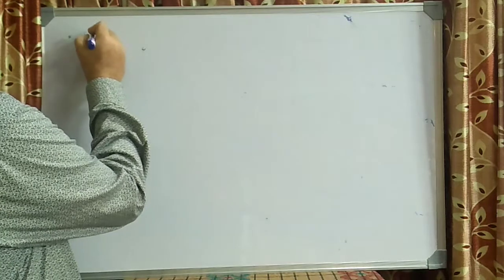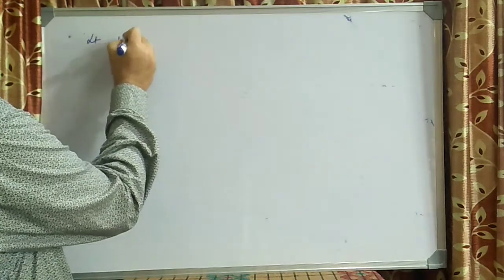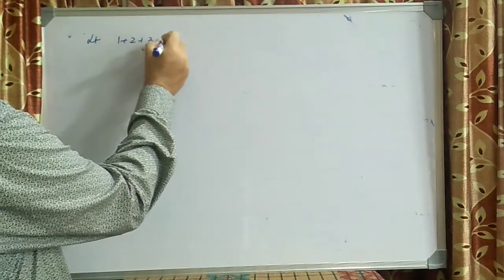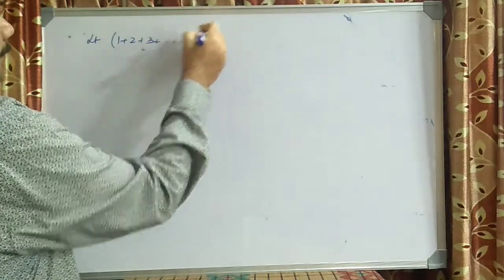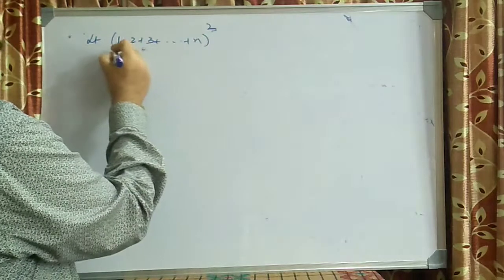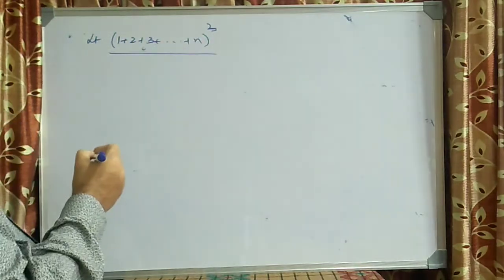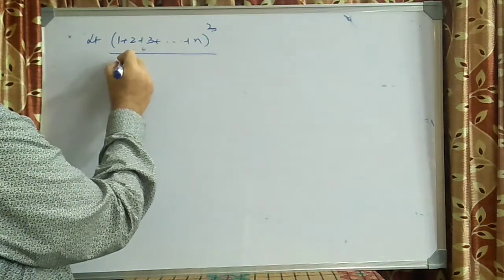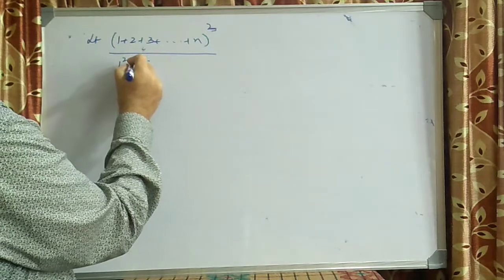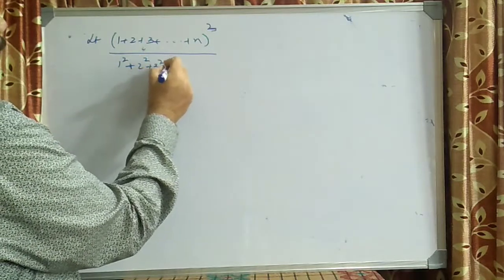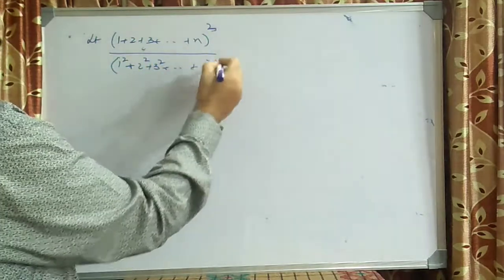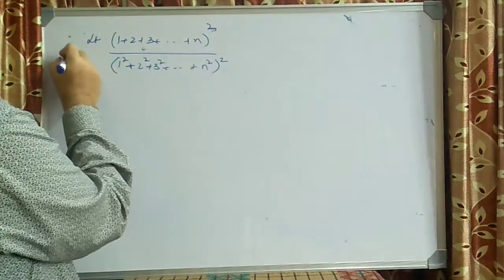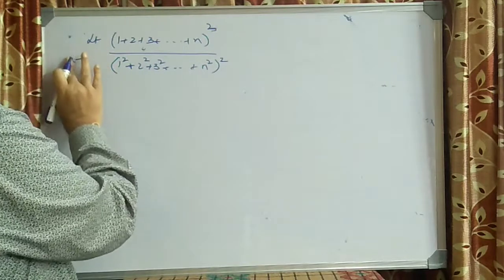Now the problem is limit of (1 plus 2 plus 3 continued up to plus n) whole square, whole cube, divided by (1 square plus 2 square plus 3 square continued up to n square) whole square, as n tends to infinity.